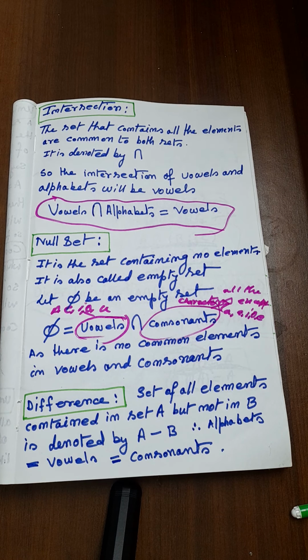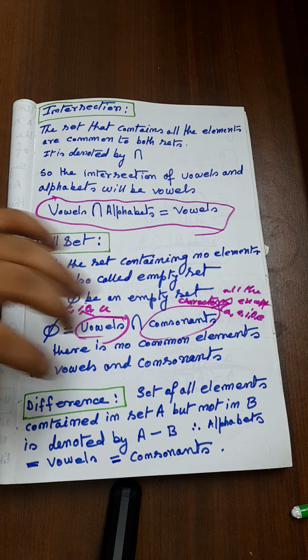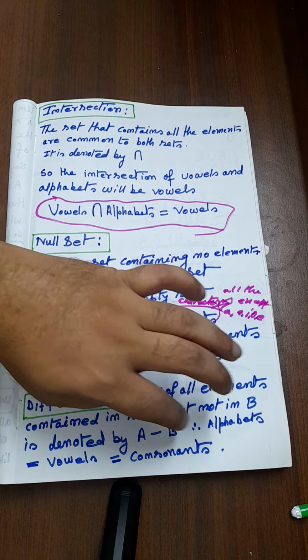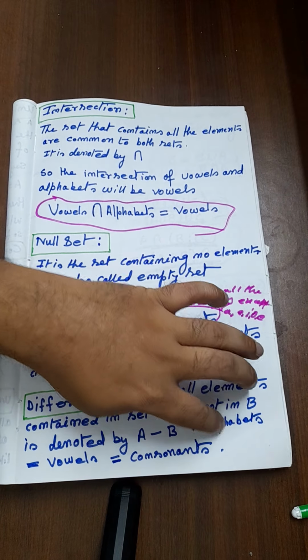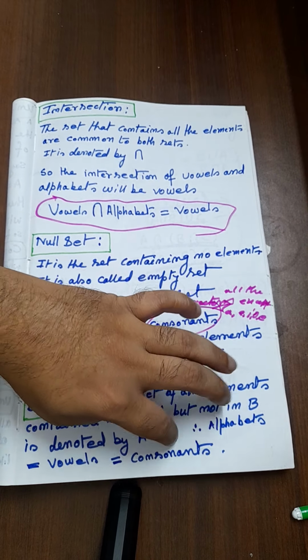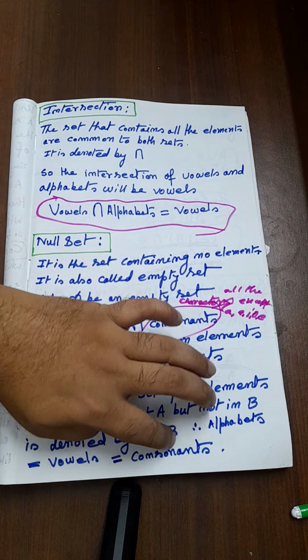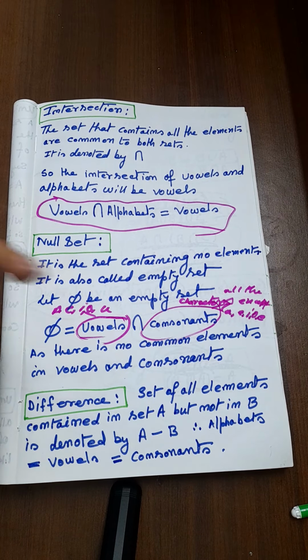So that is the definition, the set of all elements contained in set A but not in B. Here A is alphabets, B is the set of vowels, and if we take the difference, we will get the set of consonants.